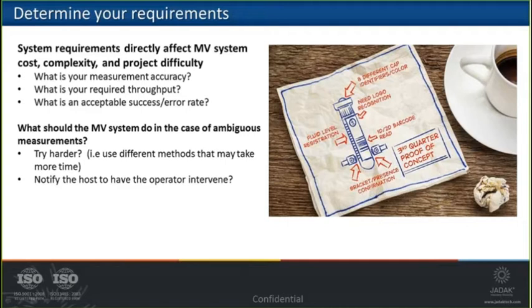One that's maybe not thought of as much, but what is your acceptable success or error rate? As I mentioned with passive versus active machine vision, a lot of the objects we're looking at here weren't designed to be looked at by a machine, and so we have to develop the machine vision algorithm to look at them.